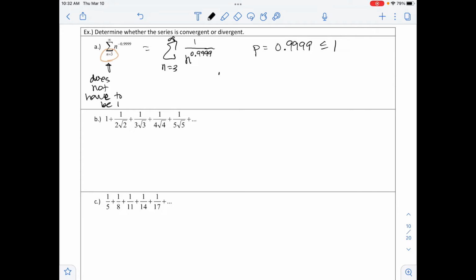So therefore, we can say that the sum from n equals 1 to infinity of n to the negative 0.9999 is going to be divergent by the p-series test.